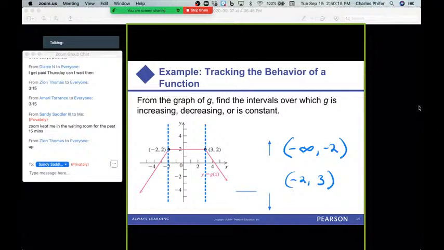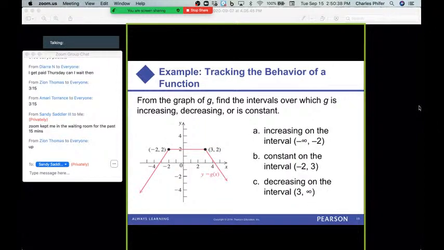Okay, and we said that it's decreasing. What's the x value from 3 to infinity? Okay. All right. So again, I'm monitoring the chat if you have questions. So we said it's increasing from -infinity to -2. It's constant from -2 to 3, and it's decreasing from 3 to infinity.